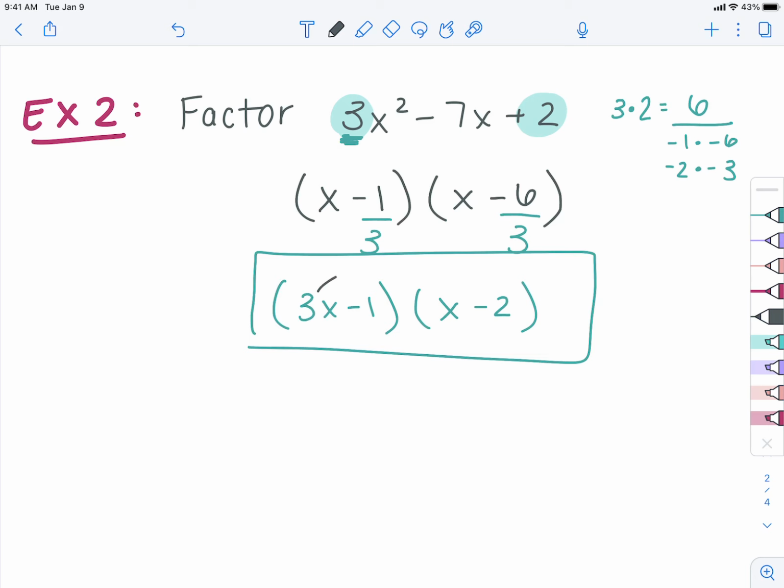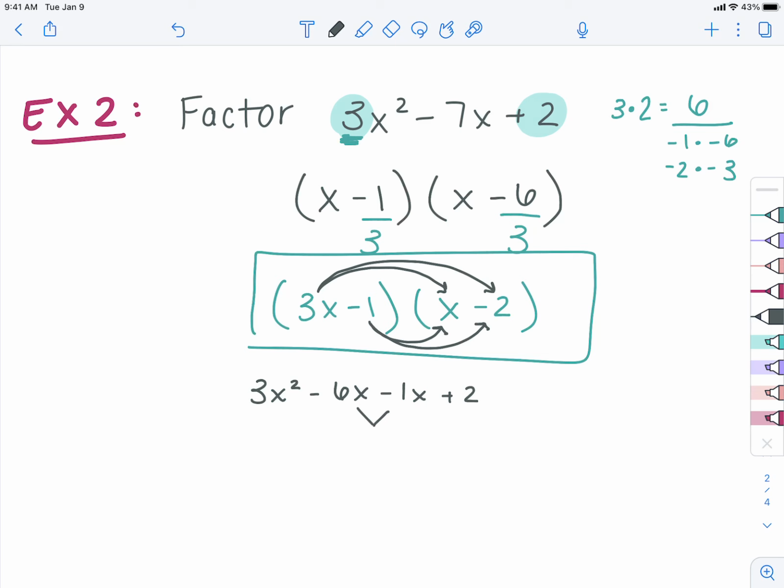So you say, okay, 3x times x gives us 3x squared. 3x times -2 gives you -6x, because -2 times 3 gives you -6, and then we bring the x along. -1 times x gives us -1x, and -1 times -2 gives us +2.